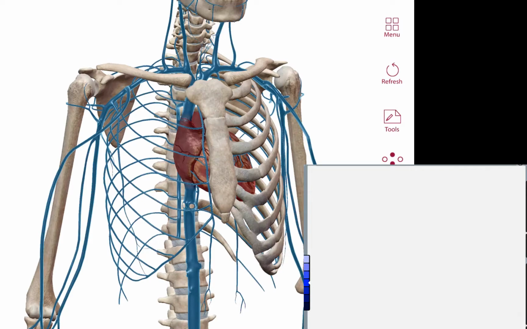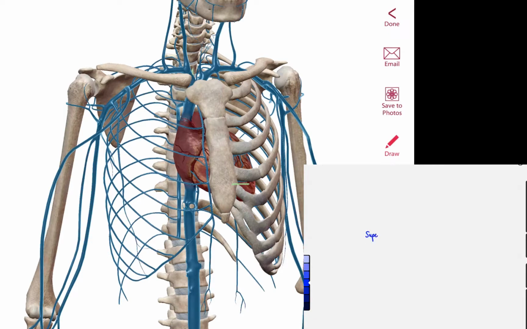Now, I'd like to talk about the veins that are draining these structures. So remember that our large vessel that is going into the heart is the vena cava, and really what we're talking about here is the superior vena cava.